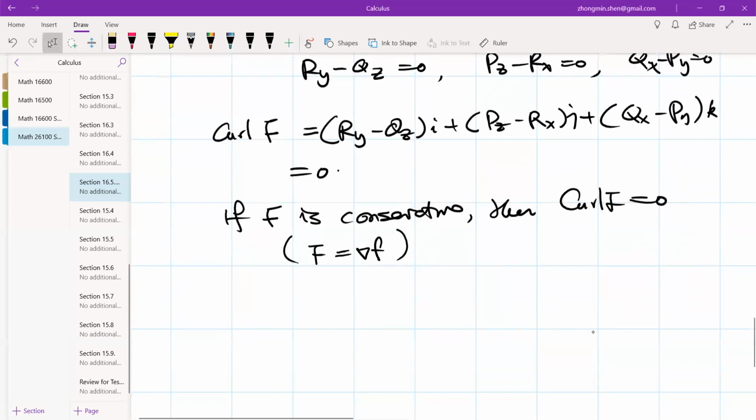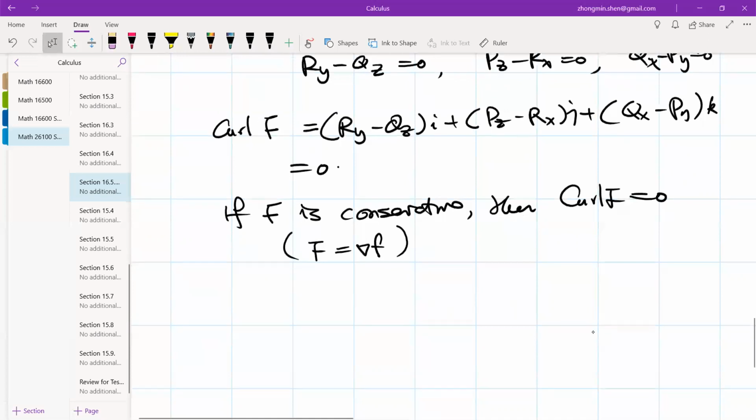If the domain is simply connected, then the converse is also true. If the partial derivatives satisfy some equation, you can show that F is conservative. Right now, you only have one direction, so this is a necessary condition.